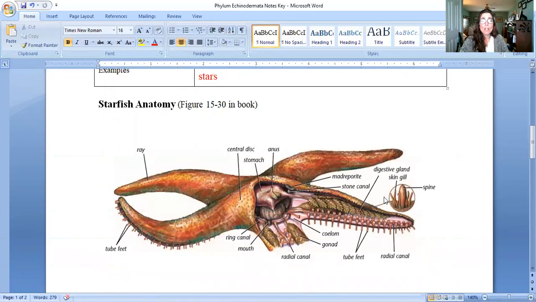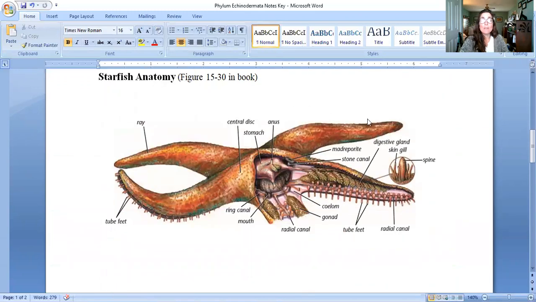Your book covers starfish anatomy really well in figure 15.30, and here's the main different parts that you need to be aware of. The stomach, of course, you learned yesterday, can be protruded through the mouth, and digestion can occur externally. The mouth is on the underside of the starfish.